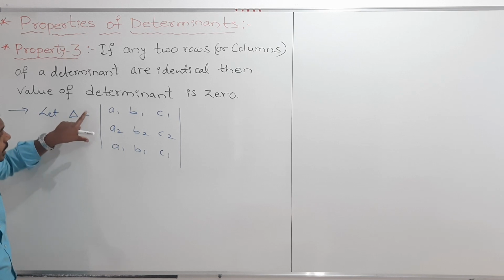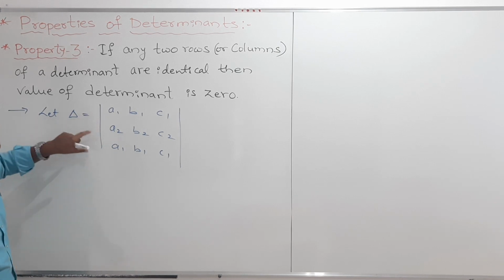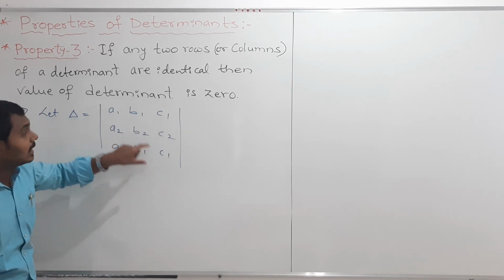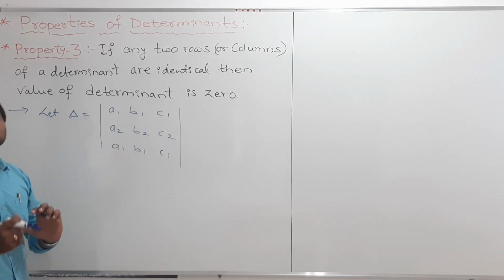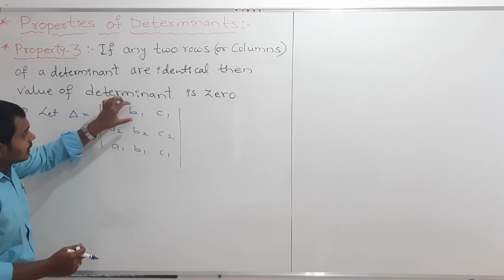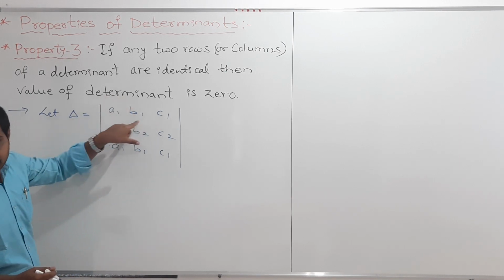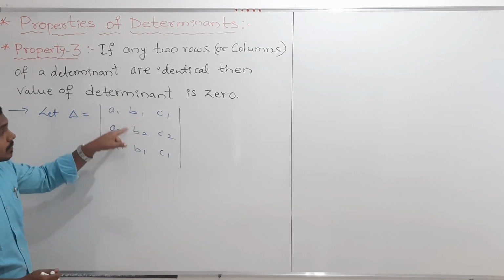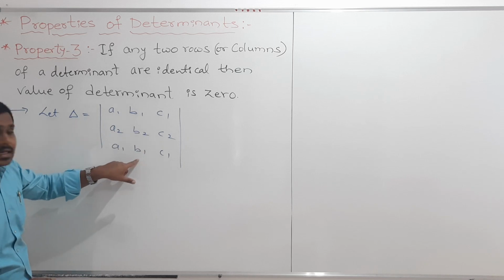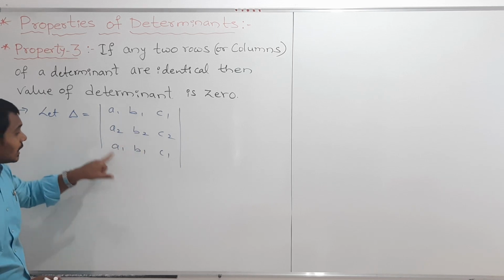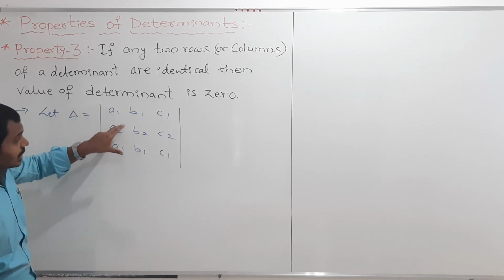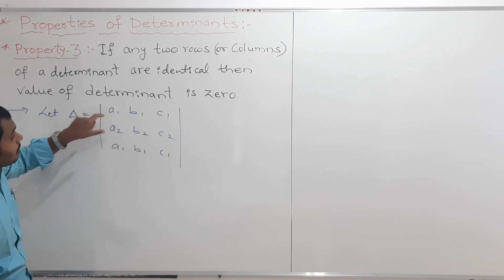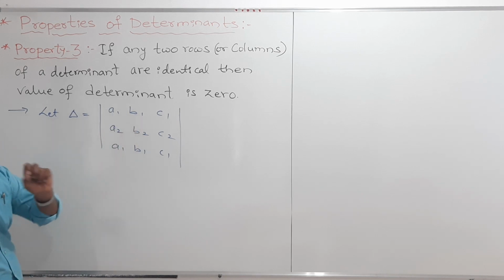Here you can observe that in this determinant, the row 1 and row 3 elements are identical. Identical means whatever elements are present in the first row, the same elements are present in the third row. You can observe here A1 B1 C1, and in the third row also the elements are A1 B1 C1. So in this determinant, row 1 and row 3 are identical.